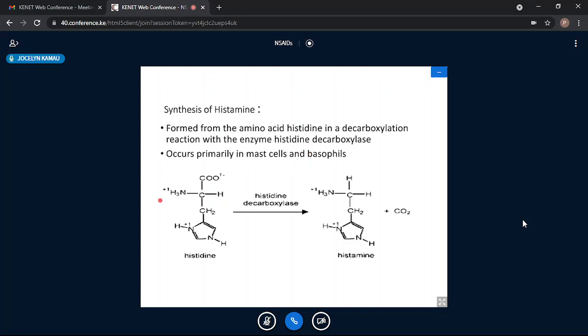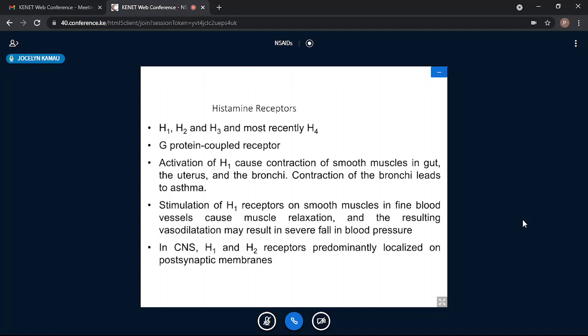So that is our histidine, an amino acid, and then histidine decarboxylase, and you have your histamine. All that has happened is removal of the carboxyl group. Removal of that carboxyl group gives us histamine, the compound that we are discussing at this moment, which is released from histidine.